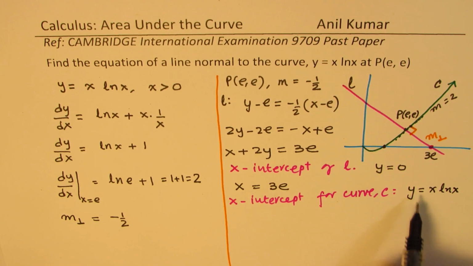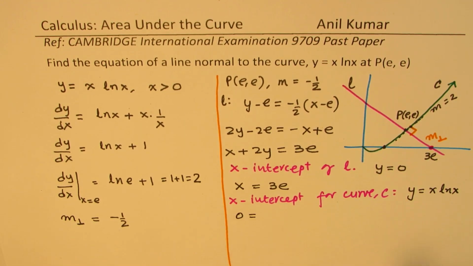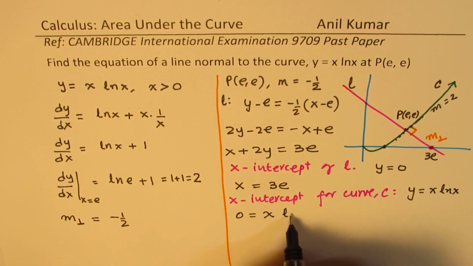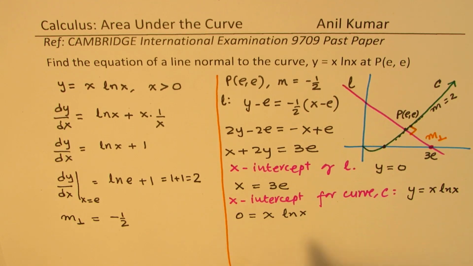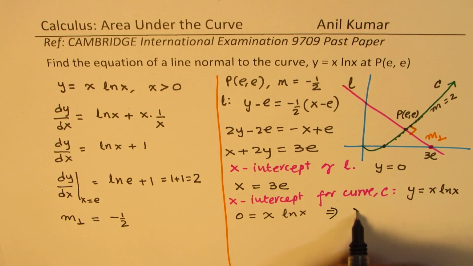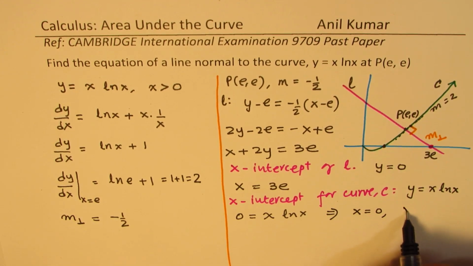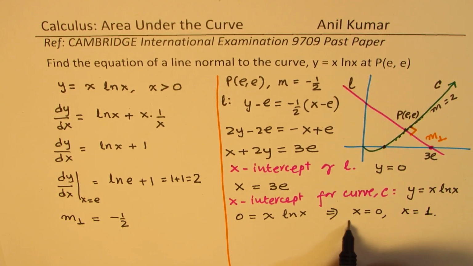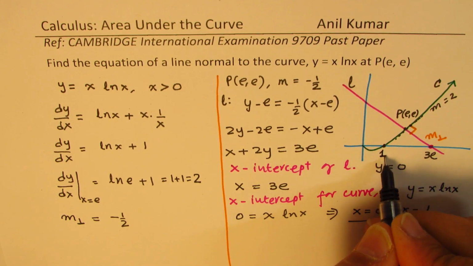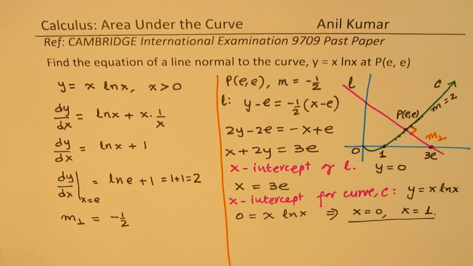So if I substitute 0 for y here, I get 0 equals x ln x. That gives me two values: x equals 0 and x equals 1, correct? So this point here is 1, and that is 0. Is that clear to you?